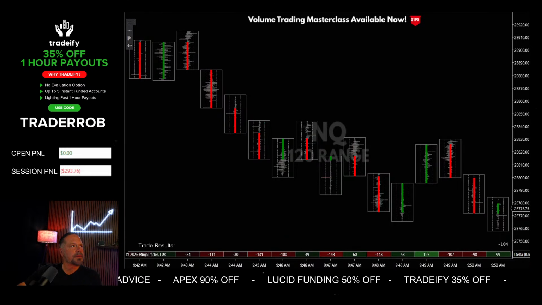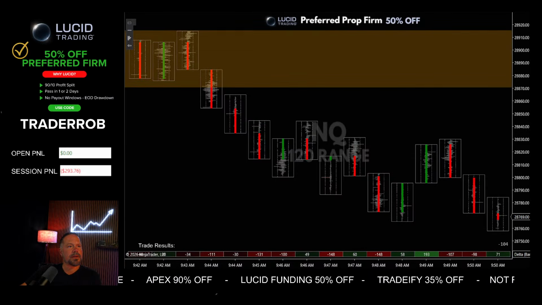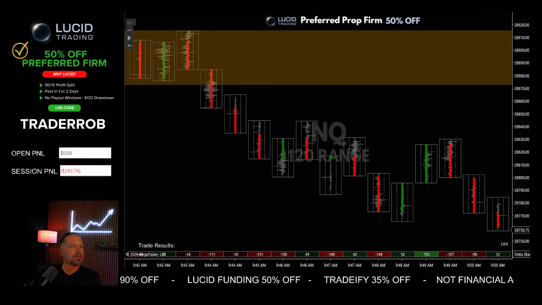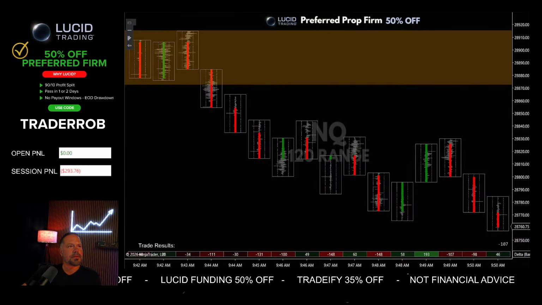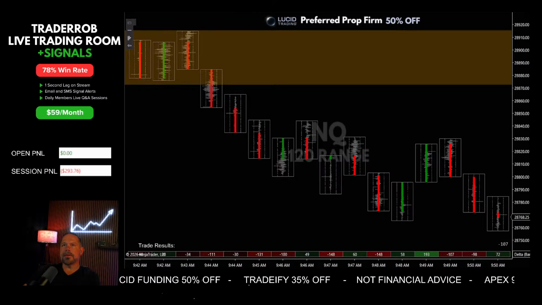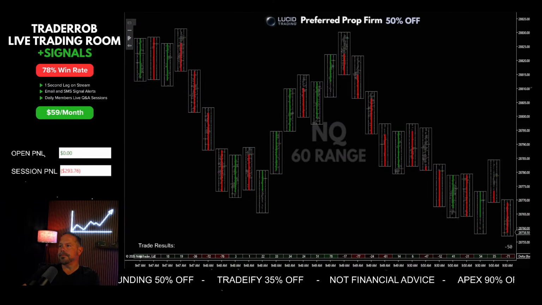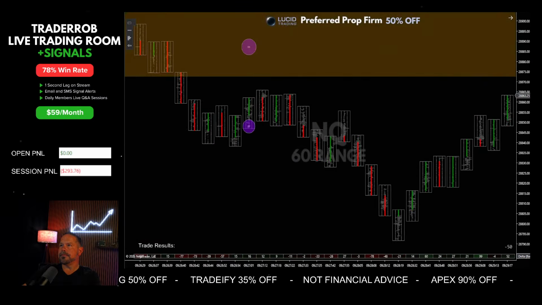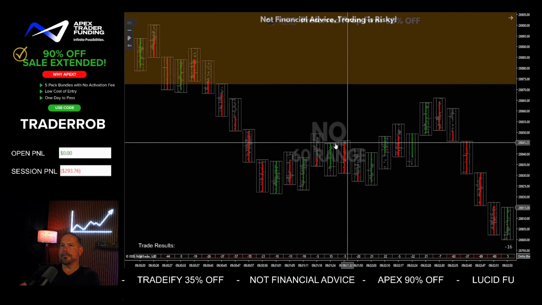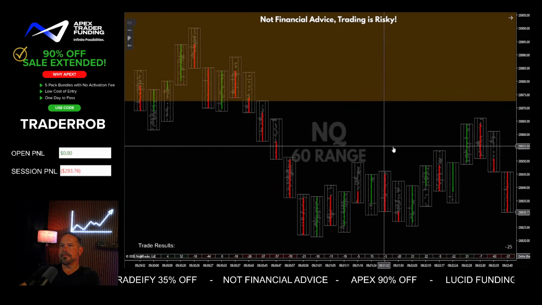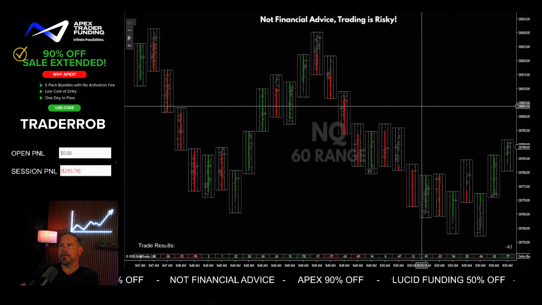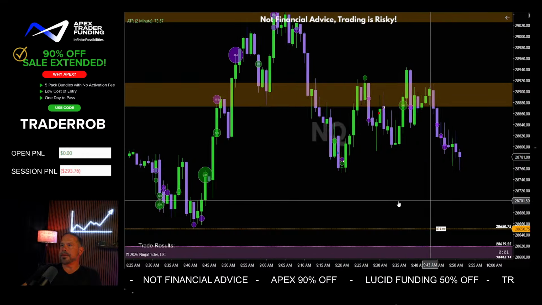The only area that I see right here is going to be this guy sitting right here. And even the 60 range here doesn't look very good. They're just way too quick to rebalance everything.